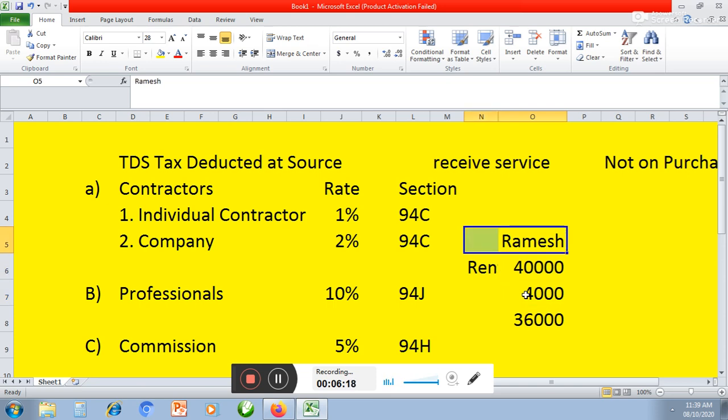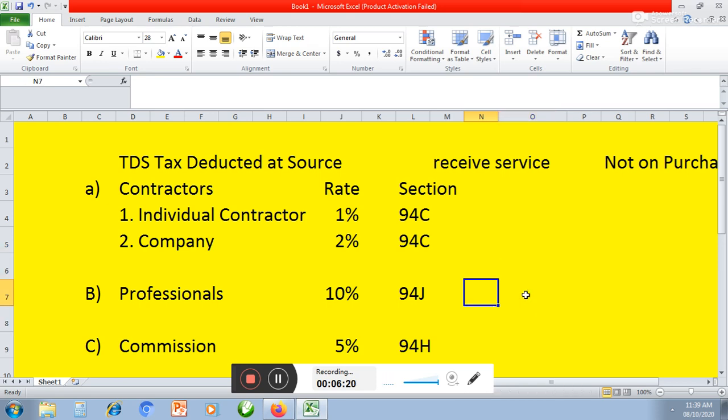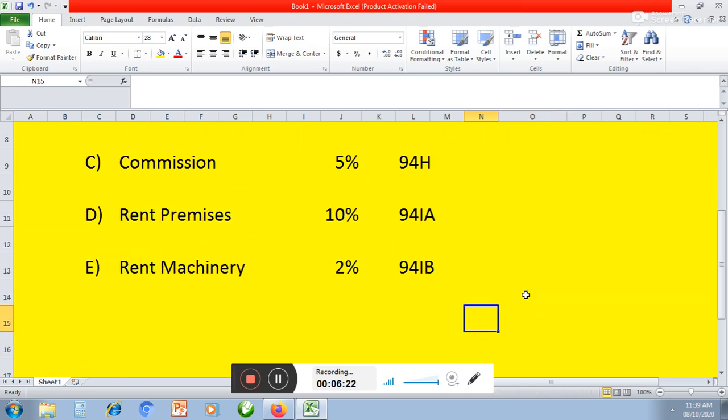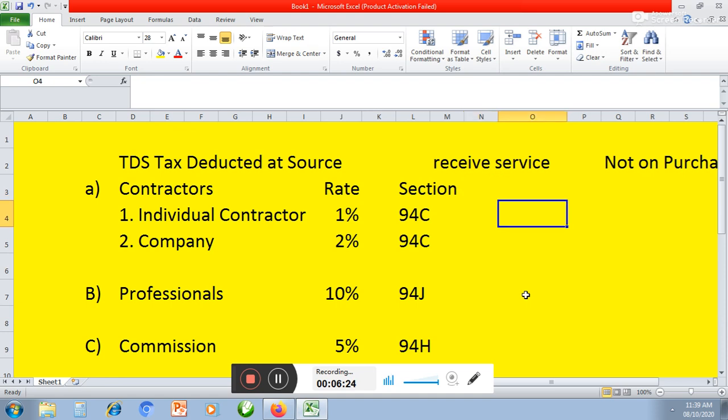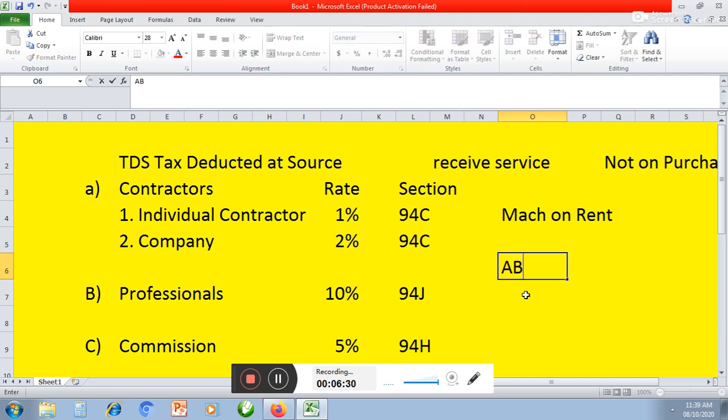Similarly, I'll give one more example. Suppose I brought machinery on rent from ABC company, and the rent is 1,50,000.